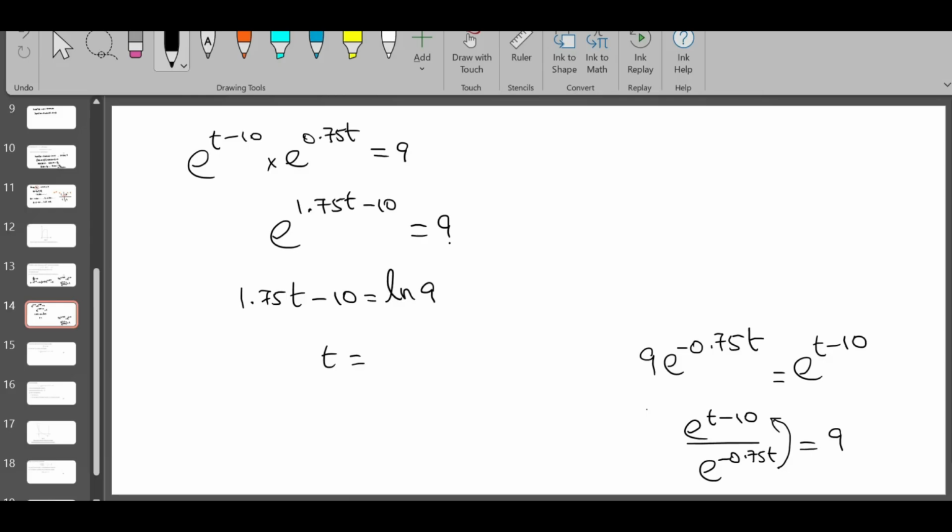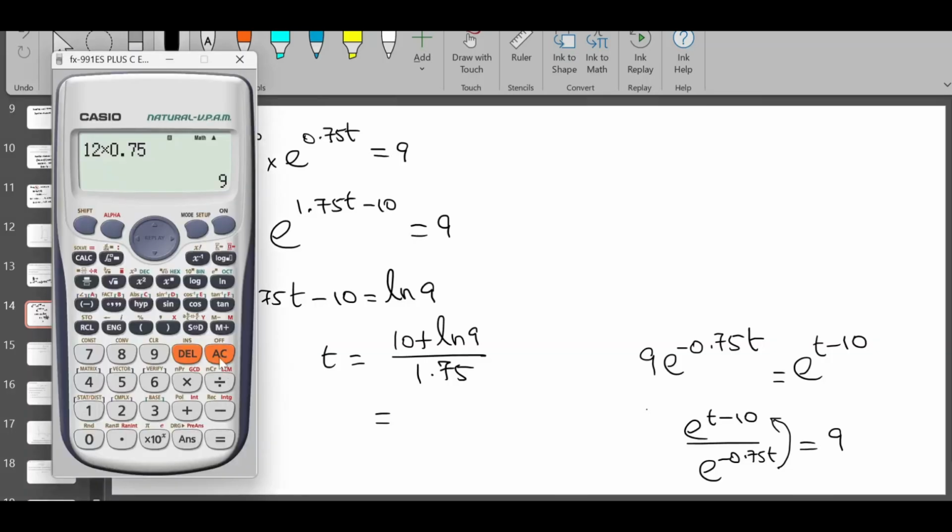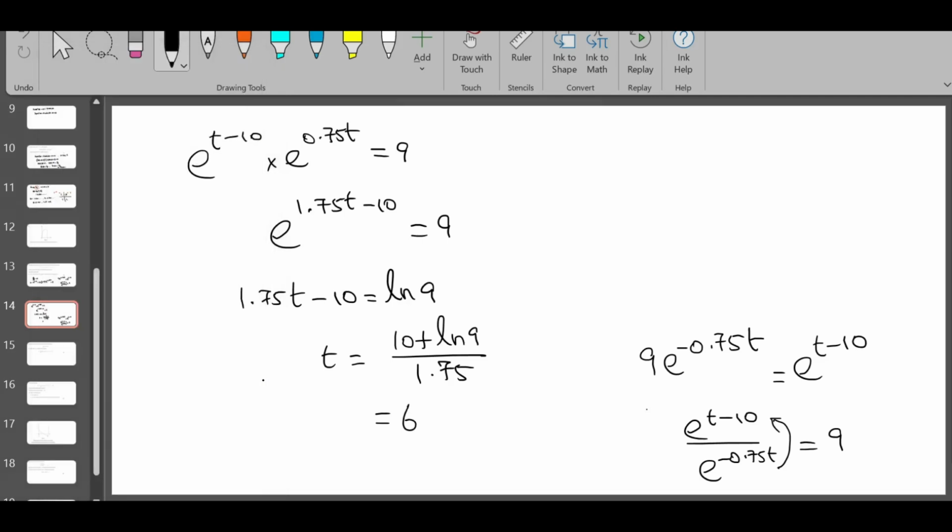So t is 10 plus ln 9 divided by 1.75. 6.9698, etc. So t is 6.97 when you round it to 3 significant figures.